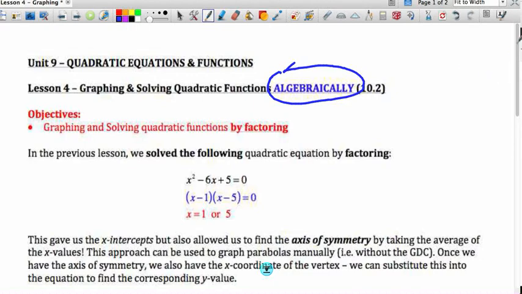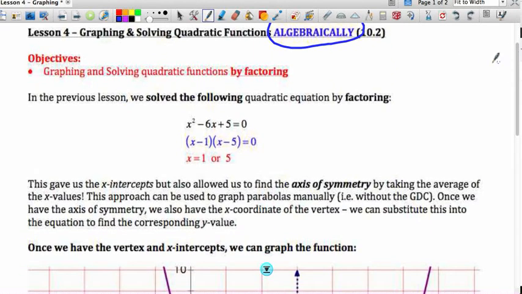We're also using a slightly different approach from the first lesson. We will not be using the minus b over 2a formula to find the axis of symmetry. Instead, we're going to use factoring combined with the symmetry of the graph, which allows us to find the x-coordinate of the vertex or turning point.